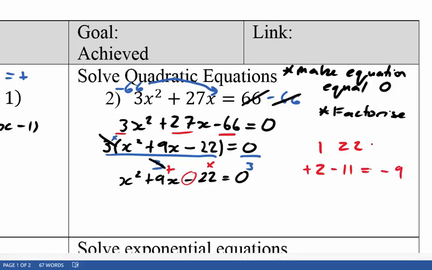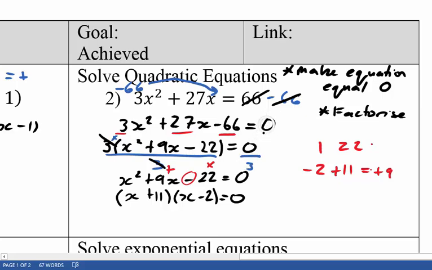I want a positive 9. So it would have to be a negative 2 and a positive 11, and that does give me my positive 9. So using those two numbers, I put them into brackets: x plus 11 and x minus 2 equals 0.